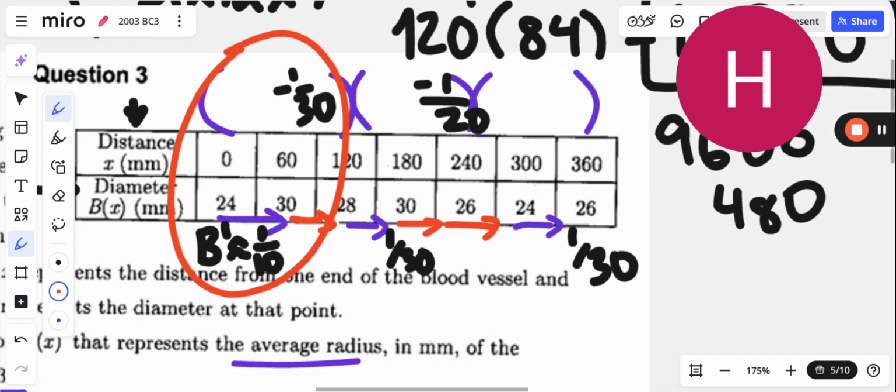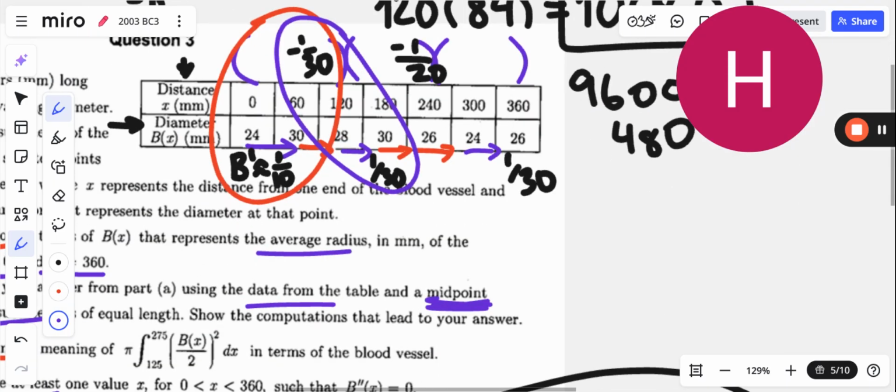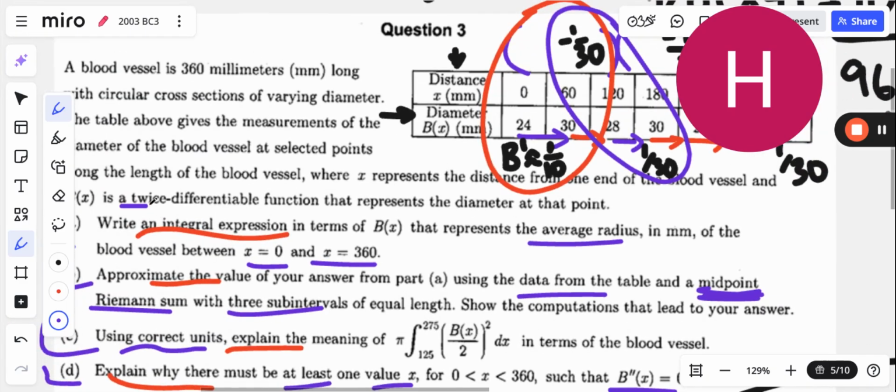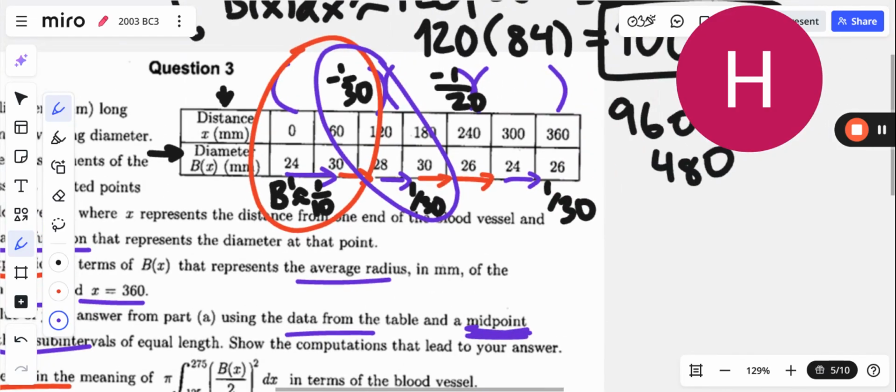But on the other hand, the second derivative must have been positive at some point on this interval, I'll put it in purple, because the first derivative increased. So we can use the fact that it's a twice differentiable function. That was a funny thing to see, but apparently it's important for the calculus here.